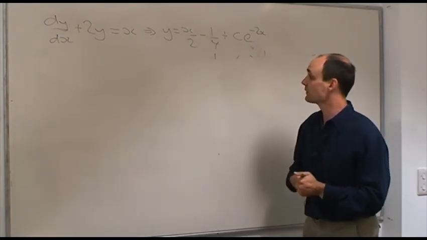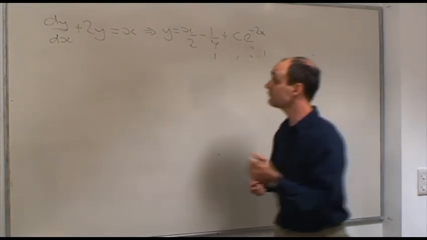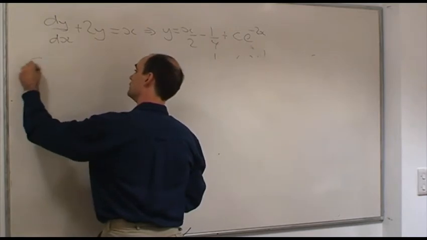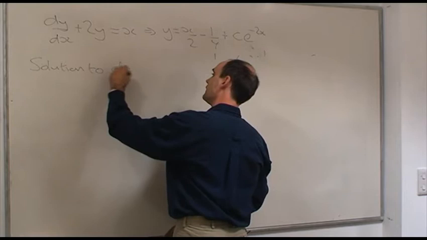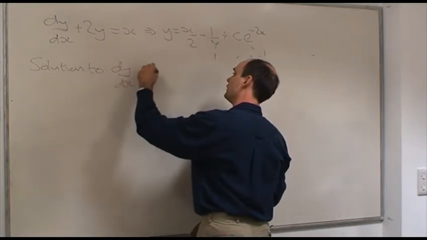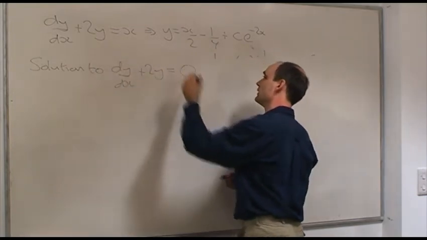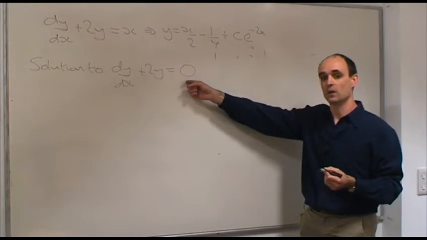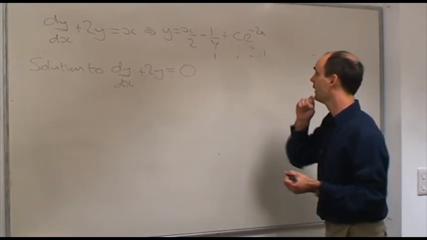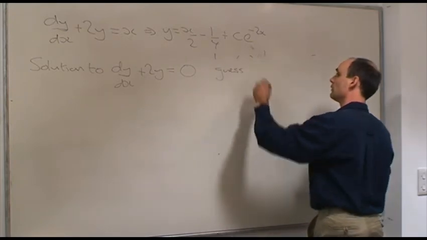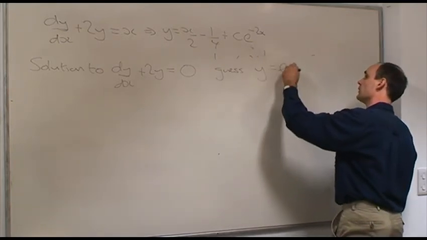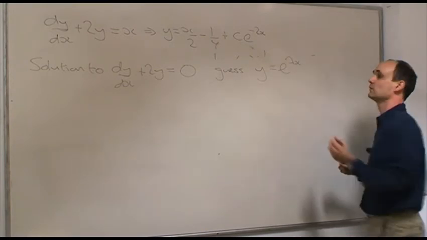Okay, so the first thing we're after is a complementary function, which means we need to find a solution to dy/dx plus 2y is equal to 0. Remember, we're after the solution when q is equal to 0. And we're going to guess a solution of the form y is equal to e to the power of lambda x.